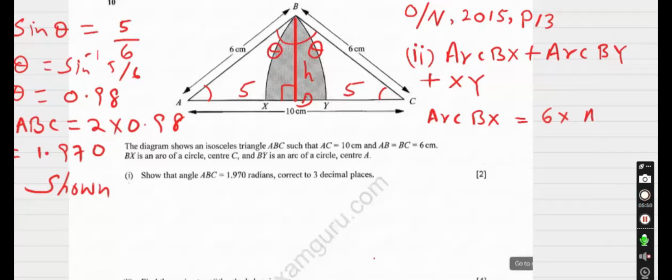The total angle is 180, or you can say pi, minus the middle angle, which is 1.970, divided by 2. So arc length BX is 6 multiplied by pi minus 1.970 upon 2.